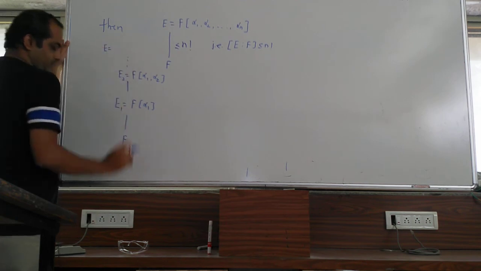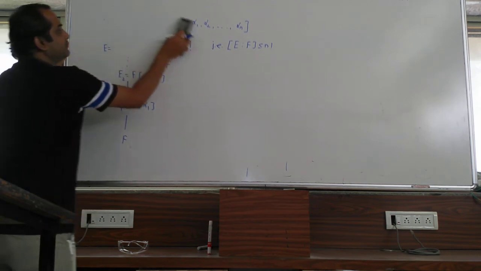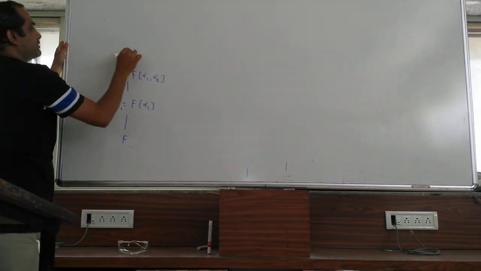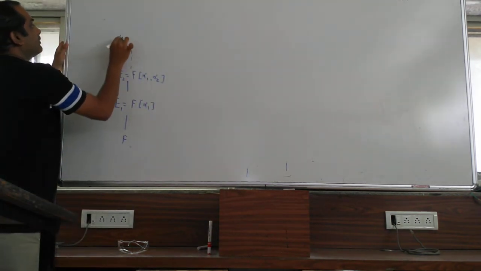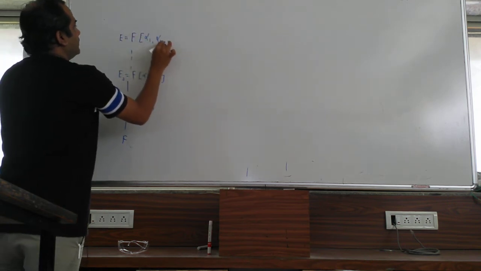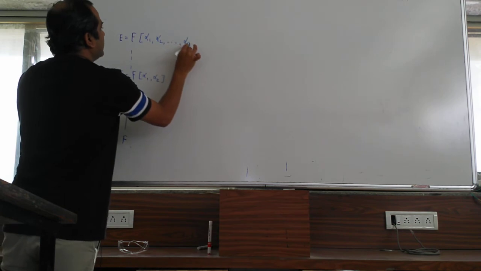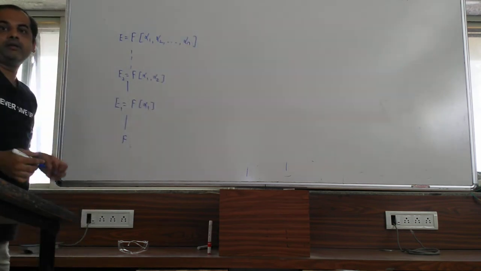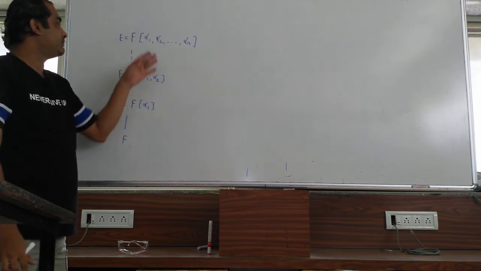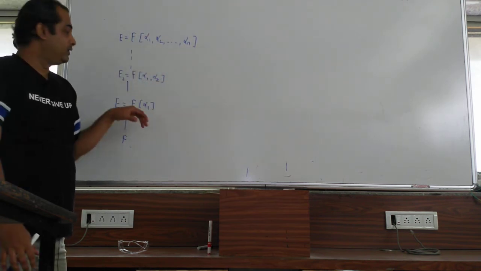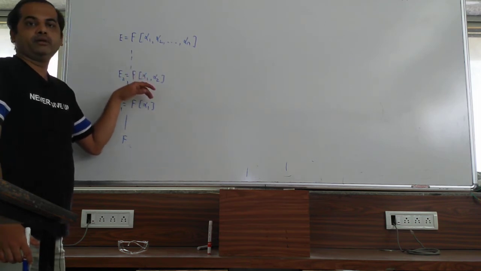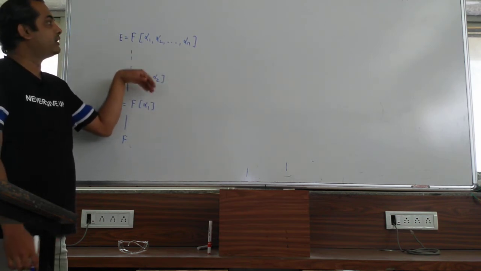So e is equal to f of alpha 1, alpha 2, up to alpha n. Now for alpha 1, what is the polynomial? Take that factor outside, x minus alpha 1, then alpha 2 and so on.